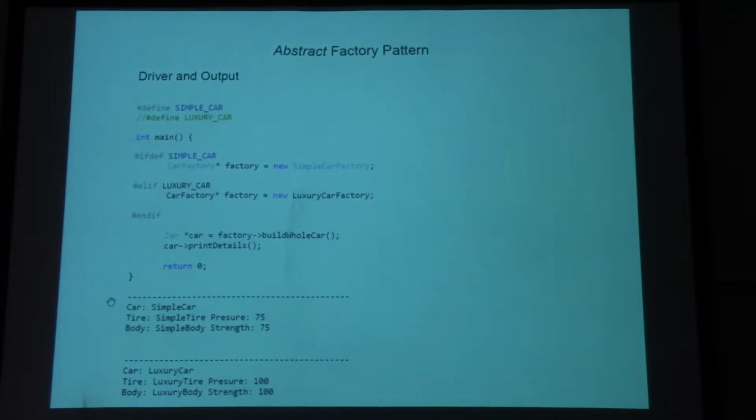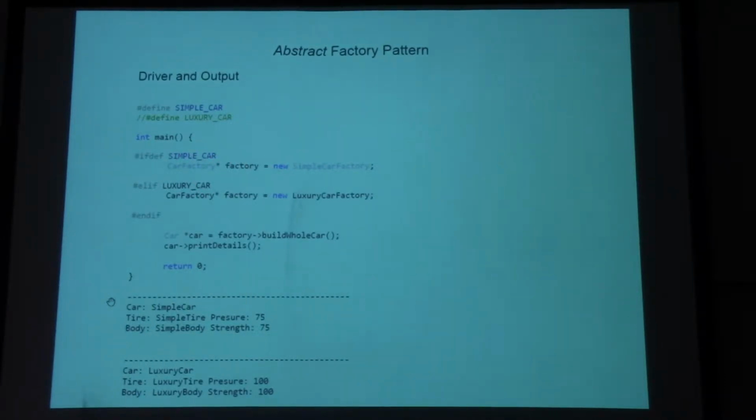But at any rate, at that point, factory, which is my abstract pointer to that abstract class, gets set to a luxury car factory, which is a different implementation of the abstract class, but it's the same thing. So factory, car factory pointer, in one instance.